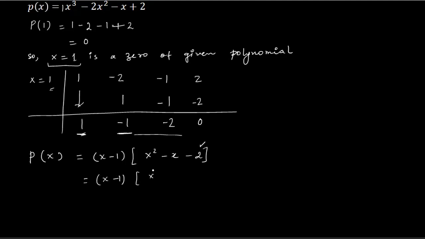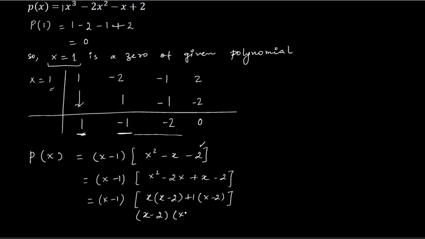So this can be easily written as x square minus 2x plus x minus 2, x into x minus 2 plus 1 into x minus 2. Now x minus 2 is common, so we can rewrite this as x minus 2 into x plus 1.